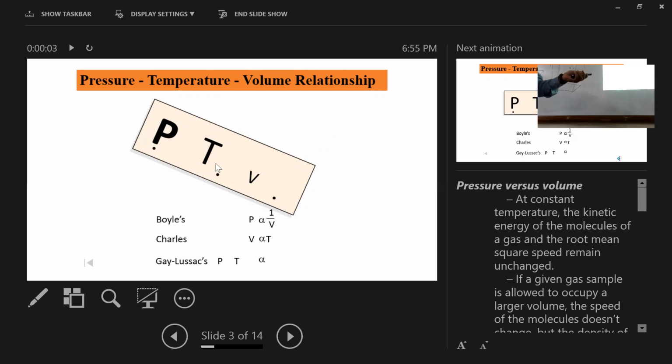Here we can see Boyle's law, what we have mentioned. Here you can see the pressure is proportional to 1 by V, or 1 over V. That means pressure is inversely proportional to the volume. That means if you increase the pressure of a gas, it will reduce the volume, or the other way.